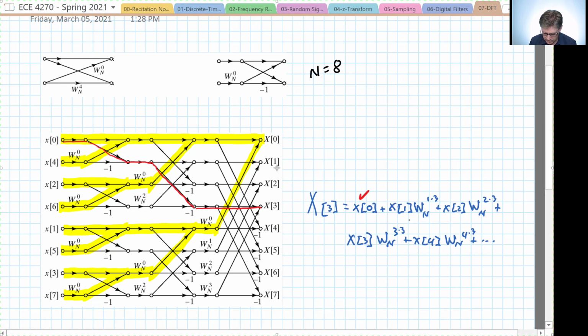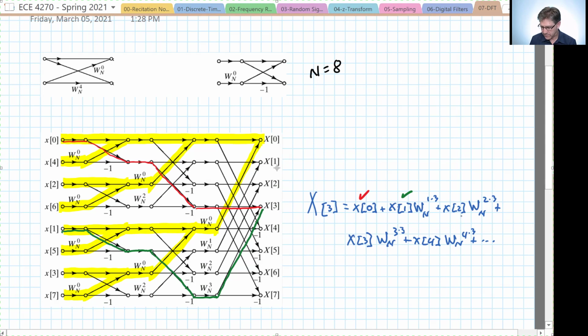Let's go x1. x1 is over here, and it needs to be multiplied by w3. So where does it actually get added in to X3? It's going to have to come from this lower chain. So it'll go here to here, there to there, here. Oh good, it's multiplied by w3. Check.